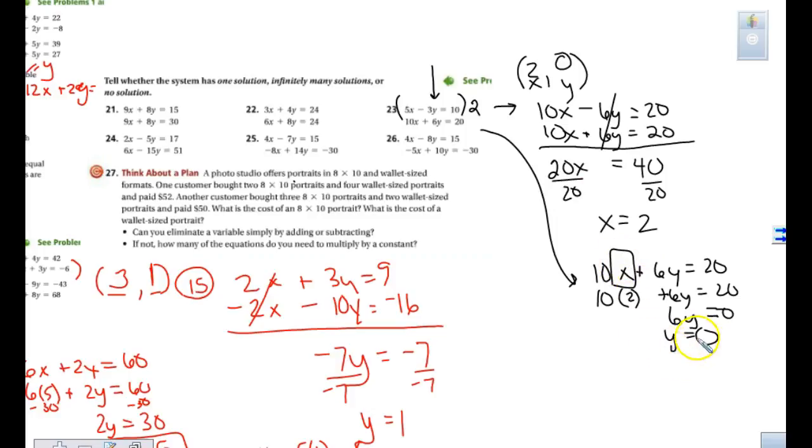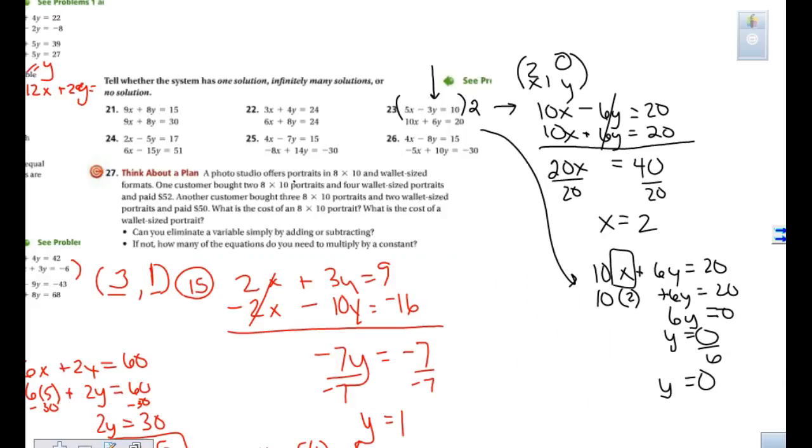Because if you take 0 and divide it by 6, still 0. So if you plug that in up here, which makes sense, 5 times 2 is 10, minus 0 gives us 10. Okay, so it is possible to get 0, it's possible to get fractions and decimals.